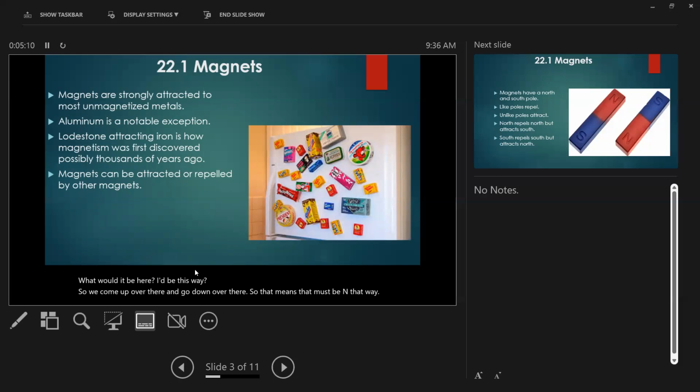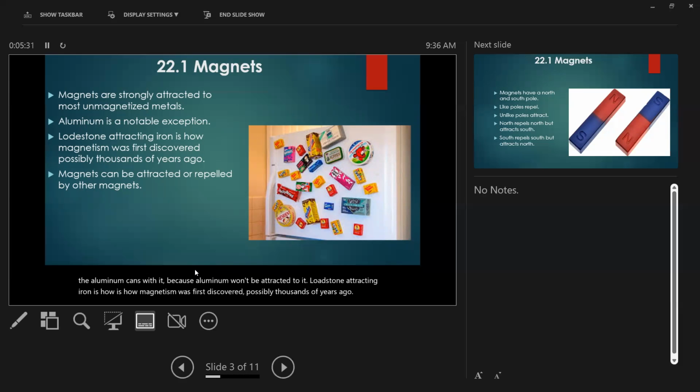So magnets are strongly attracted to most unmagnetized materials. Aluminum is a noticeable exception. You can't go out with this big, huge bar magnet along the road and pick up all the aluminum cans with it, because aluminum won't be attracted to it. Lodestone attracting iron is how magnetism was first discovered, possibly thousands of years ago.